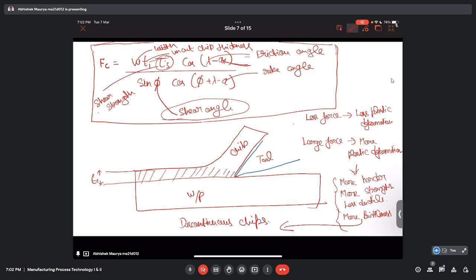Okay, so from the given equation, as I told, if you keep increasing the rake angle, or the positive value of alpha, then the Fc value will come down. So if you increase alpha, Fc will come down. It means more ductile. It means the chip will become continuous.